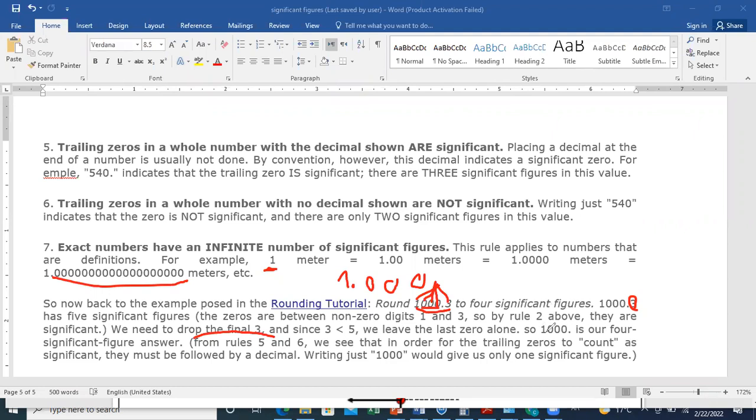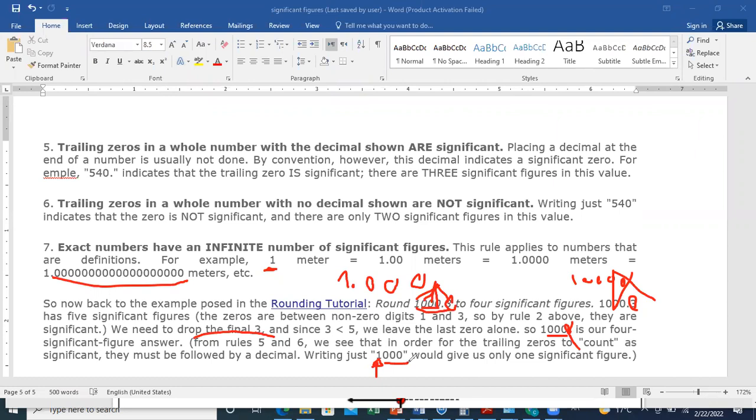Why do we count these zeros? Because we have the dot, the decimal point. So if we want to drop from 5 to 4, the 3 should no longer be there. So we just put 1000 dot. Okay? Now, if you want to count the number of significant figures as 1, you should not put the dot. If we remove the dot, 1000 becomes just 1 significant figure, and the zeros I don't count.